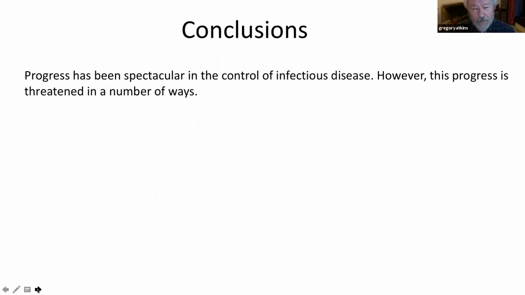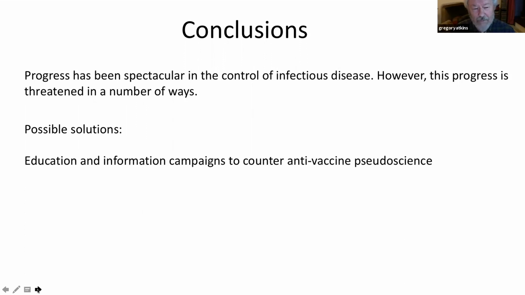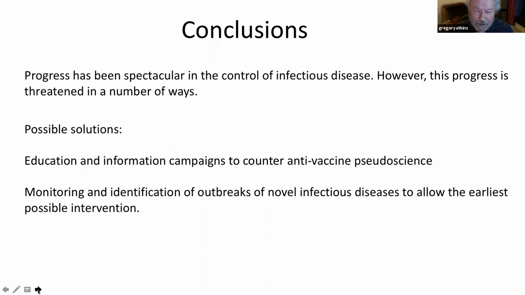So where are we with this? Well, it's easy to try and counter the anti-vaccine pseudoscience with measles, etc. But with the coronavirus, we should have tackled it earlier on.